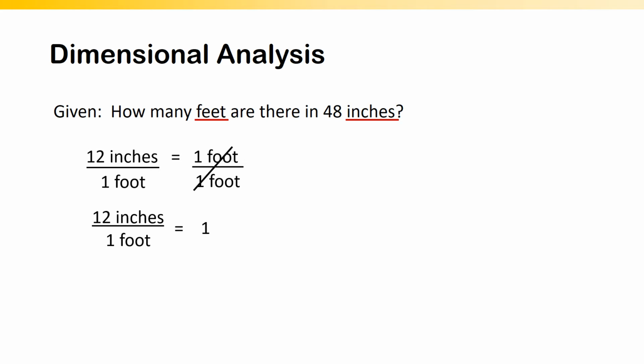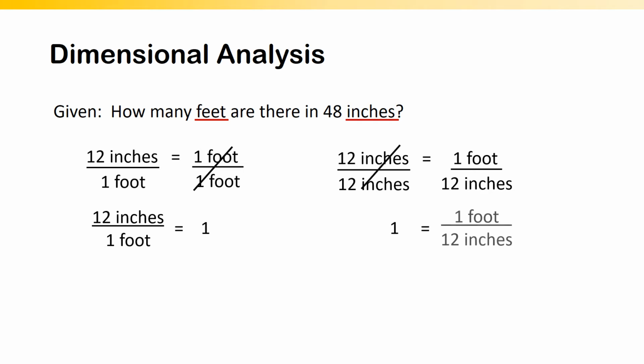But what if instead of dividing by 1 foot, we wanted to divide both sides by 12 inches? Well, let's do that. Let's divide both sides by 12 inches. Well, in this scenario, we have 12 inches over 12 inches on the left side of the equation, and that's going to reduce down to 1, which leaves us with 1 being equal to 1 foot over 12 inches.